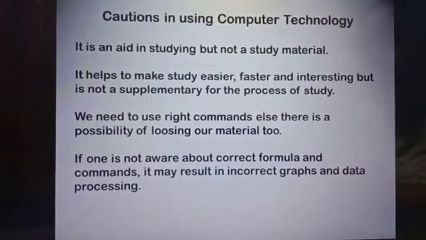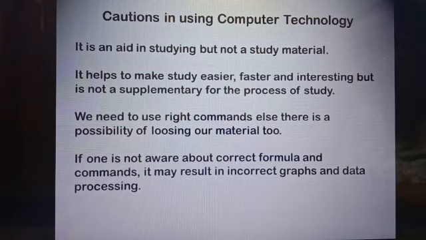After that, when we talk about computer technology, we need to use it with particular cautions. That means we need to take care of certain things when we are utilizing it. It is an aid in studying but not a study material, because we are creating the material in it. It is not a complete material in itself. It helps make study easier, faster and more interesting, but is not a substitute for the process of study.